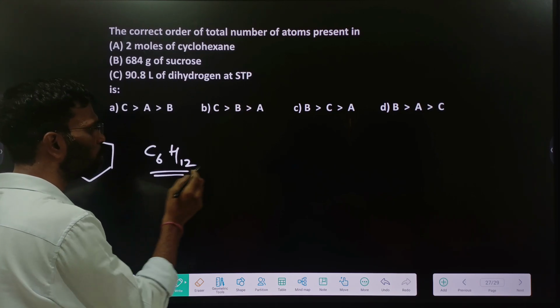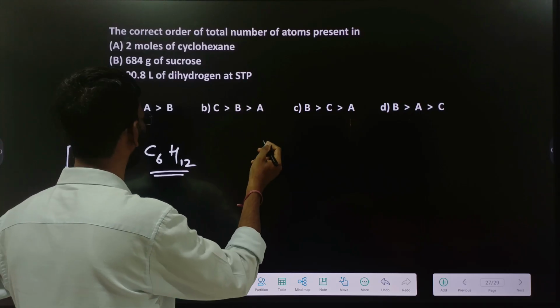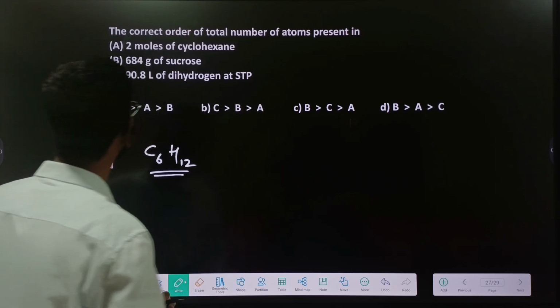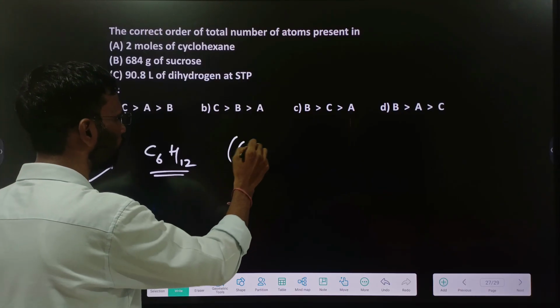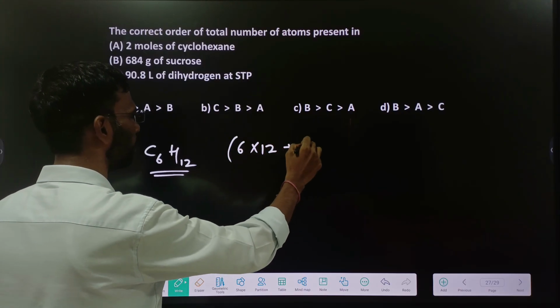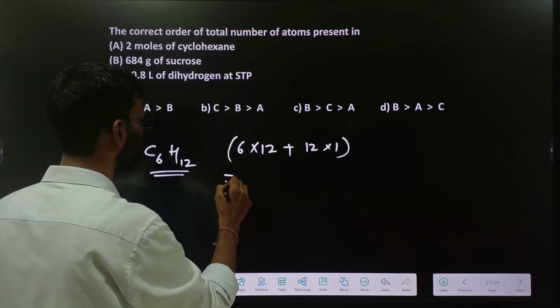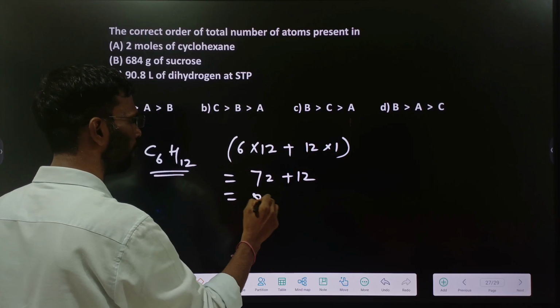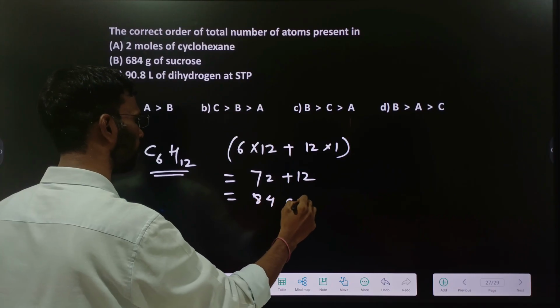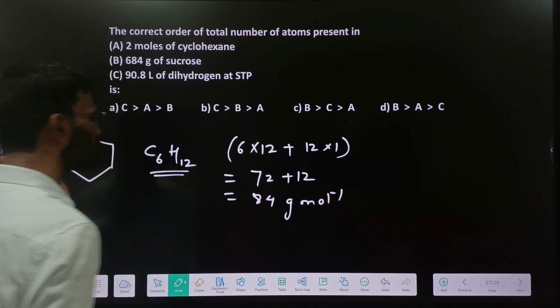So C6H12, how much is this? We want the molar mass. Number of moles we'll find first, and number of moles will tell us which one will have the highest. So molar mass will be 6 into 12 and 12 into 1, 72 plus 12, this is 84 grams per mole.